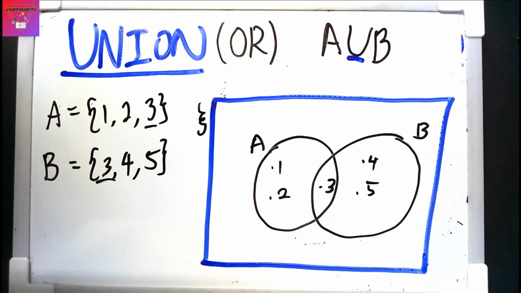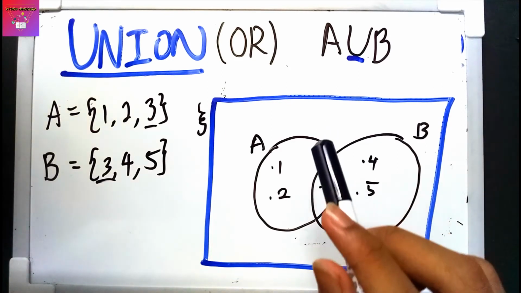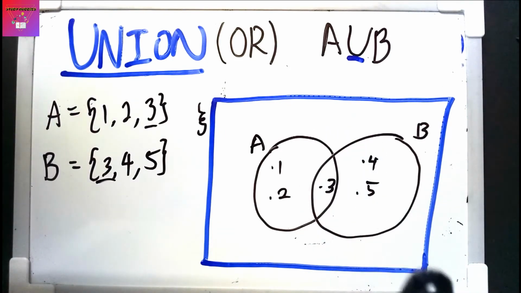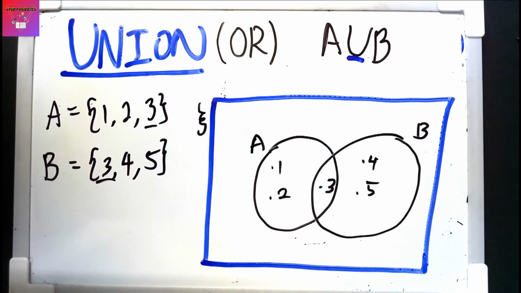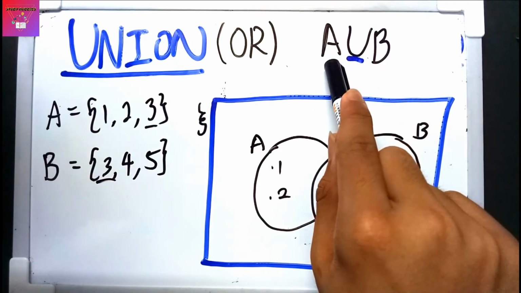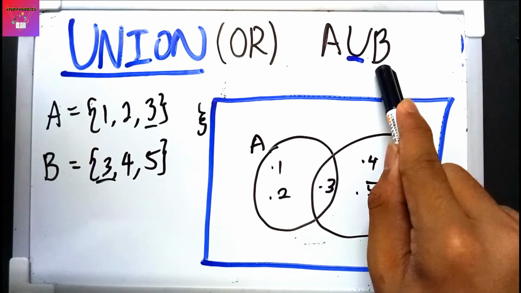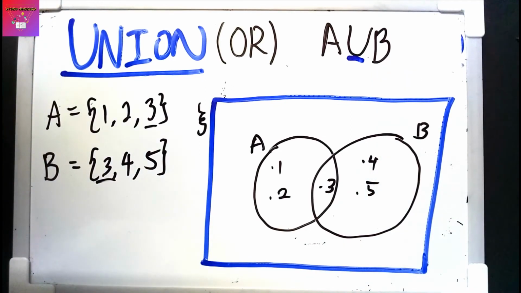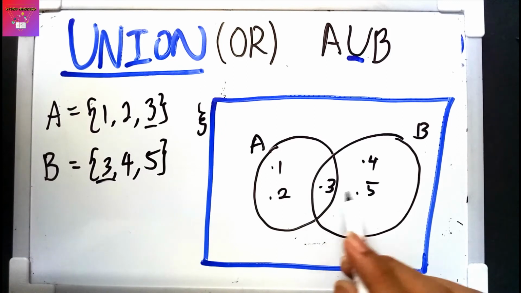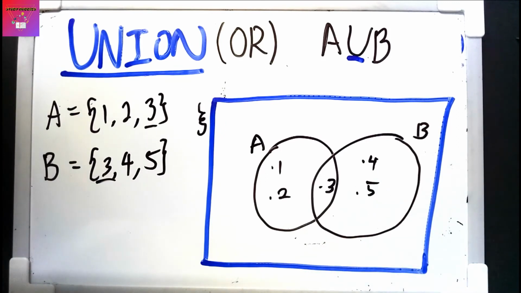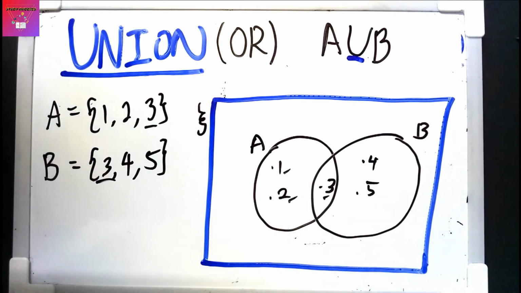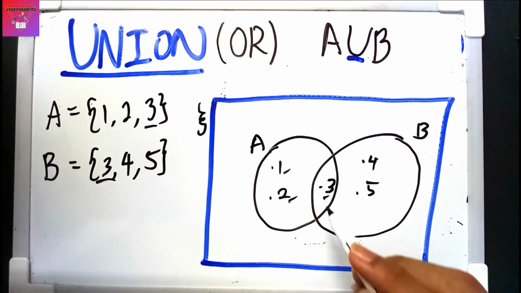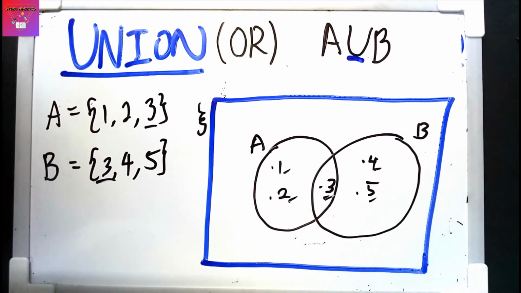So A union B is, as I asked you to remember just now, elements in A or in B. I repeat again, whenever you see the symbol union or the word union, remember the word OR, which means you have to choose elements in set A or in set B. Elements in set A are 1, 2, and 3, and in set B, 3, 4, and 5. So you can choose elements in set A, which means you have the possibility of choosing 1, 2, and 3, or elements in set B, which means 3, 4, and 5 as well.